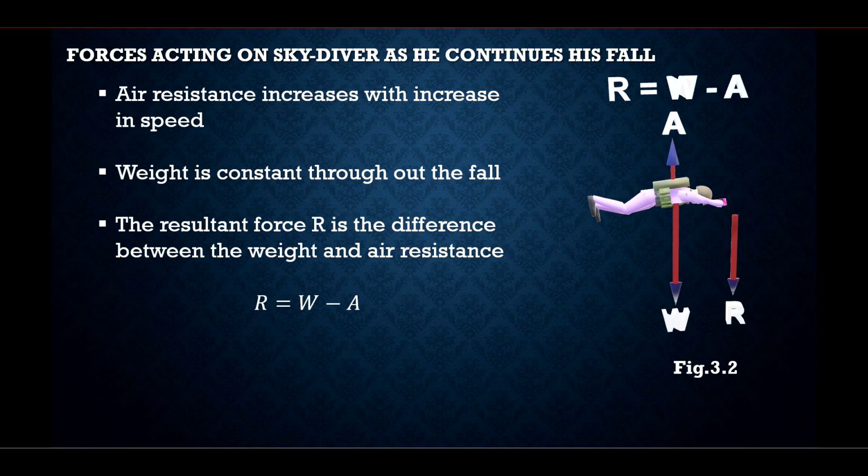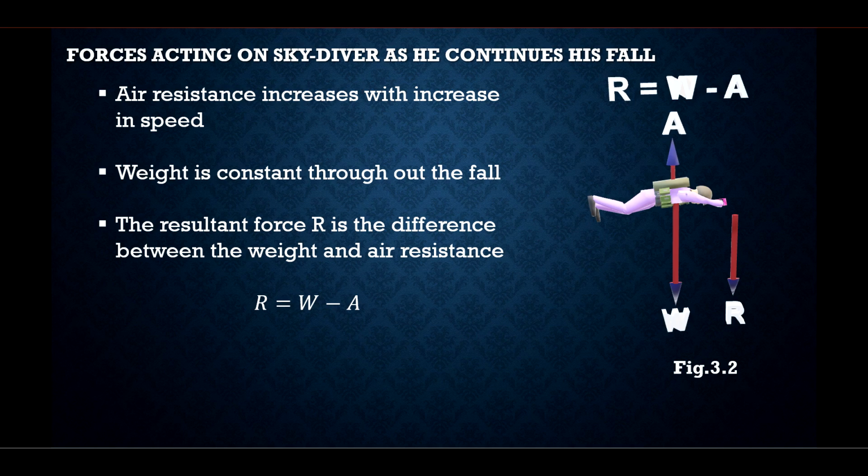Because weight W is greater than air resistance A, and the two forces are acting directly opposite each other, the easiest way of calculating resultant force R is by taking the bigger force, weight, minus the smaller force, air resistance, as demonstrated in figure 3.2. The resultant force R should act in the same direction as weight. This is because weight is the bigger force.